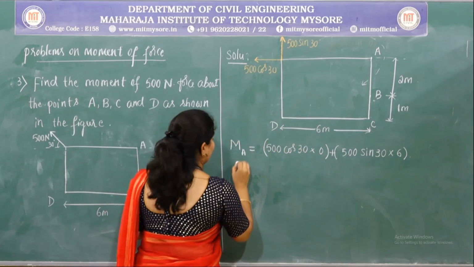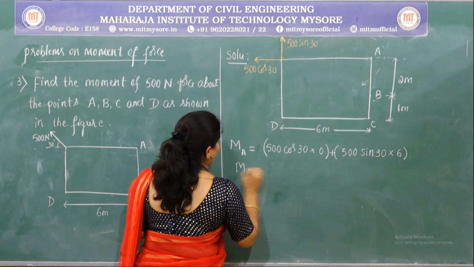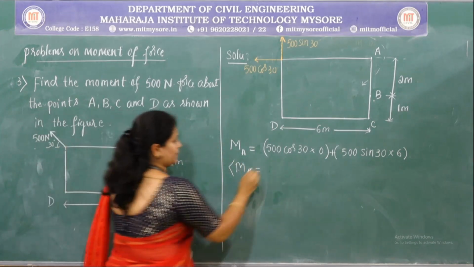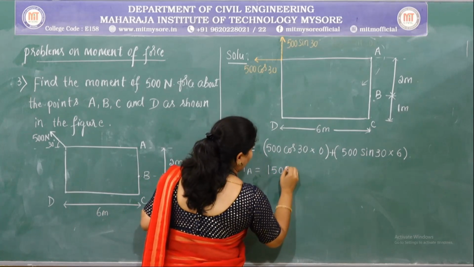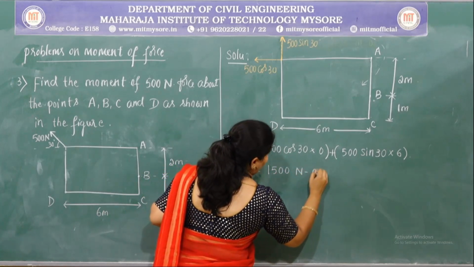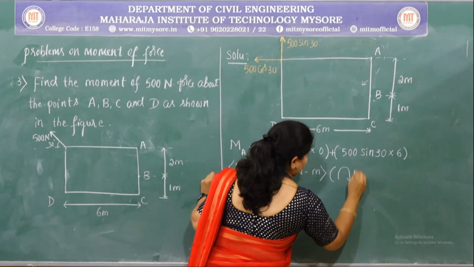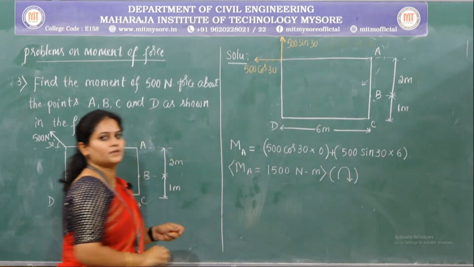So the value will become 1500 Newton meter positive, hence this is clockwise.